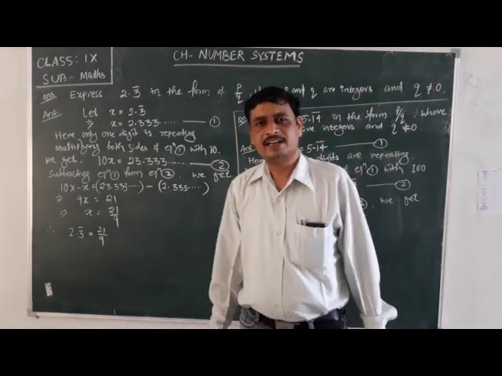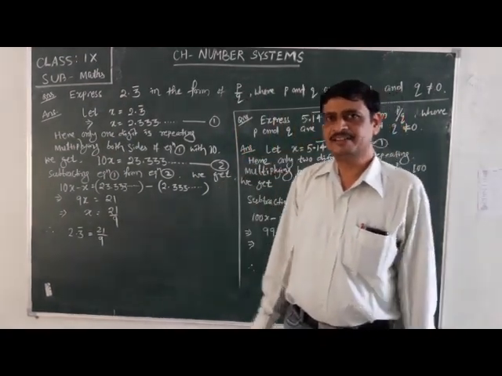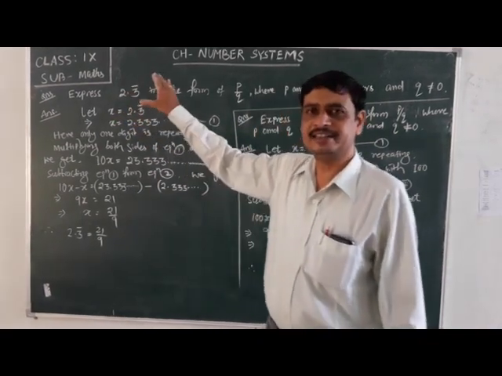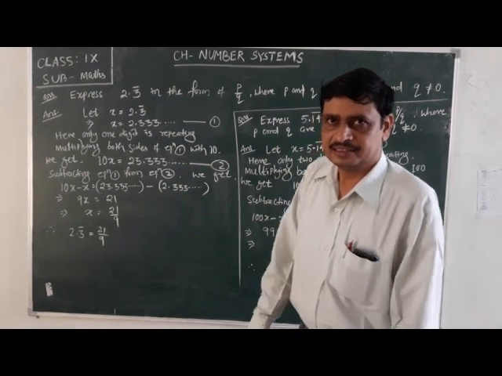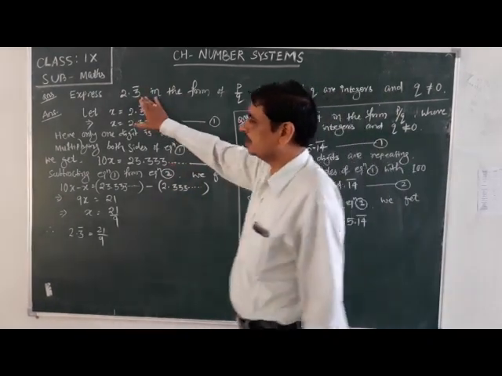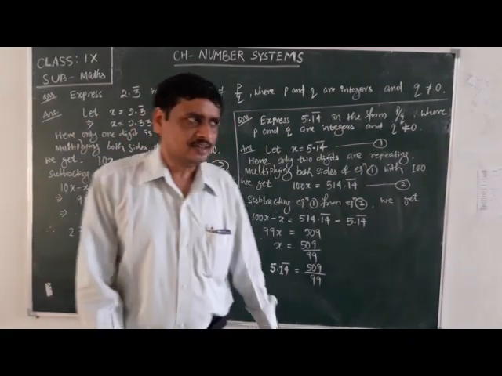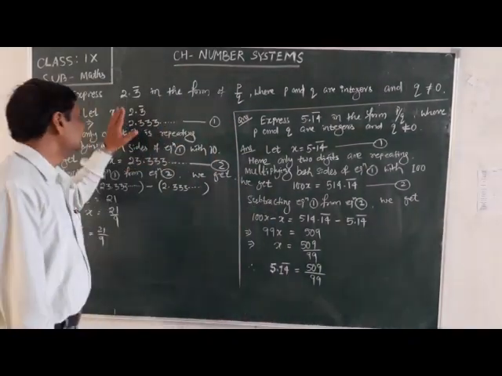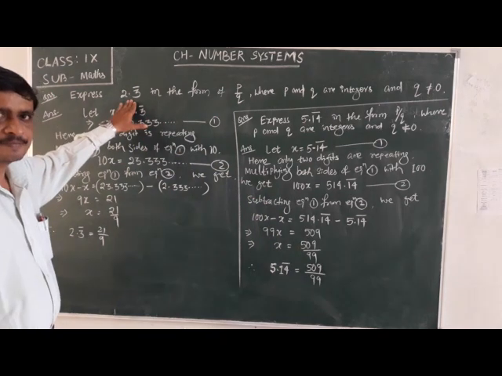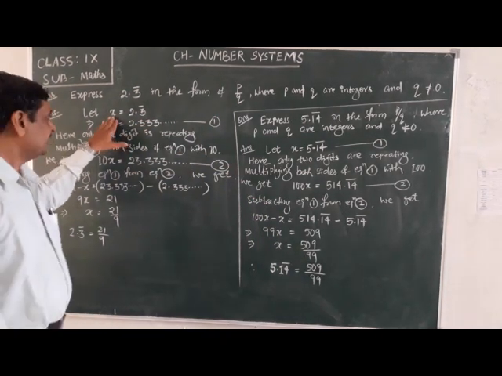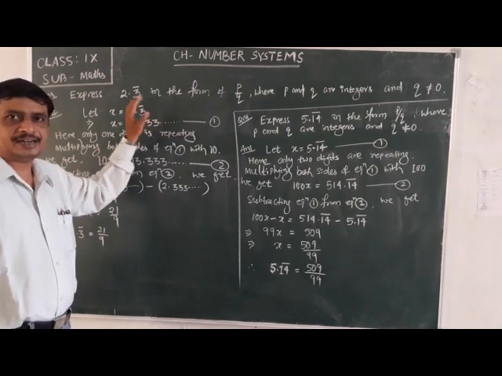This 3 is the non-terminating decimal part. Since 2.3 bar is non-terminating, we have to consider this 2.3 bar as x. Let x equal to 2.3 bar.